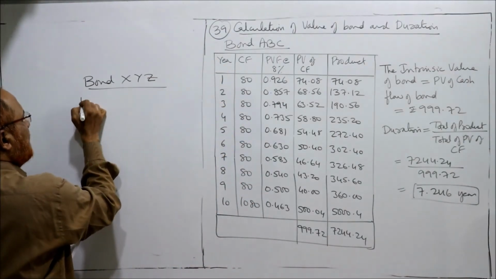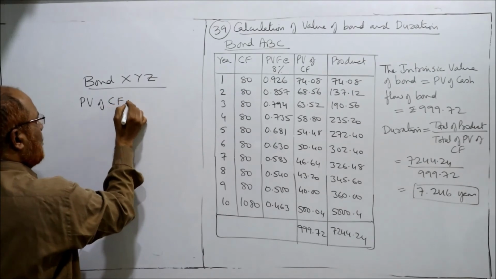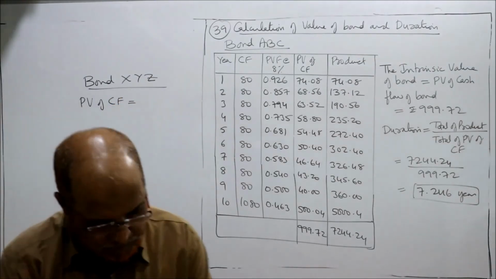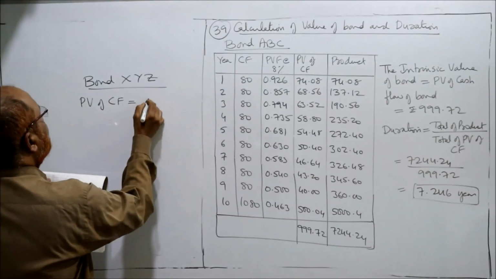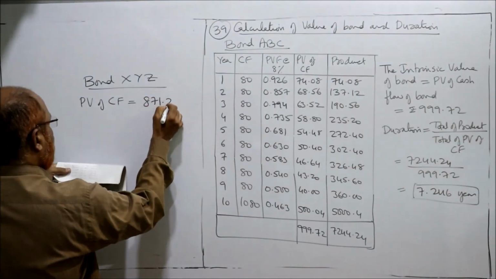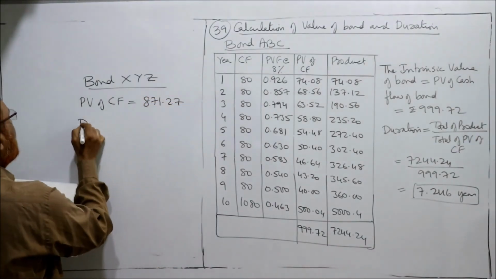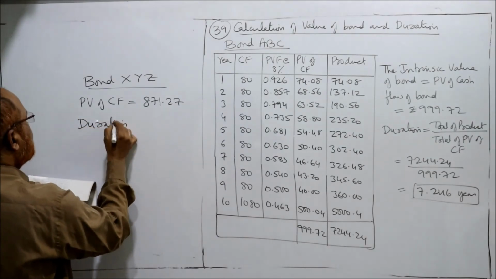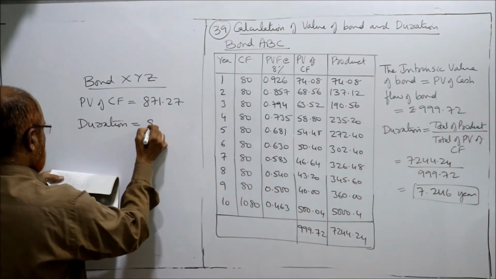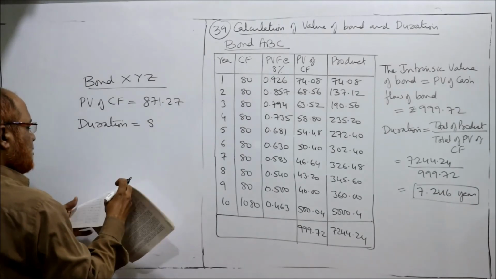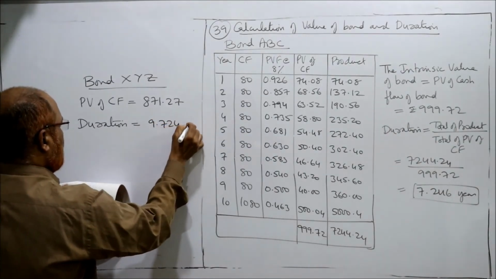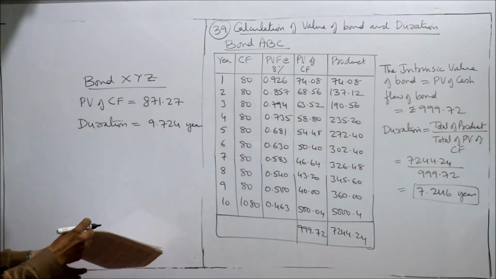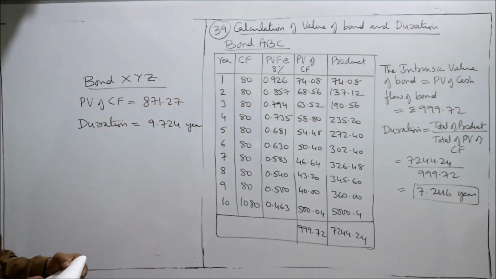PV of cash inflow is 871.27 and duration is 9.724 years.